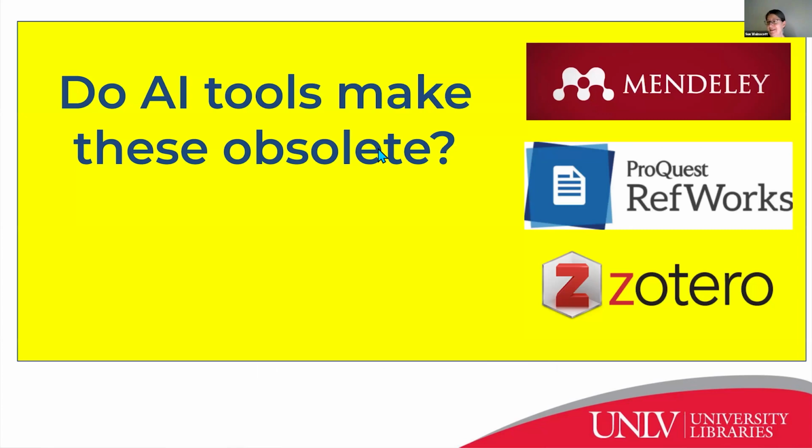Do all the AI tools make these citation management software things a little bit obsolete? What do you think, Priscilla? I think not yet. If you want formatted citations, you will get probably equivalent accuracy, maybe slightly better accuracy, using a dedicated tool like a citation manager as opposed to asking a tool like ChatGPT to do it.